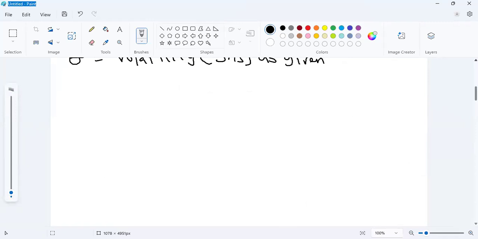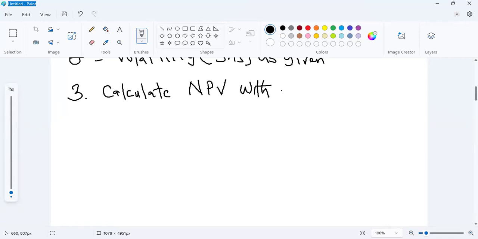Then step number 3. Step 3: calculate NPV with option to delay.